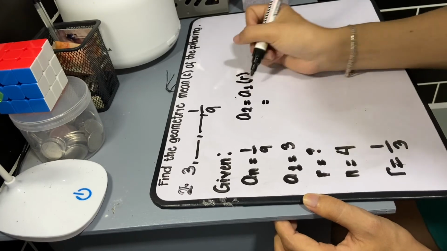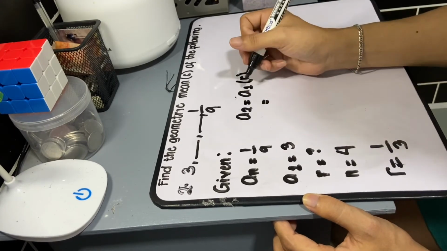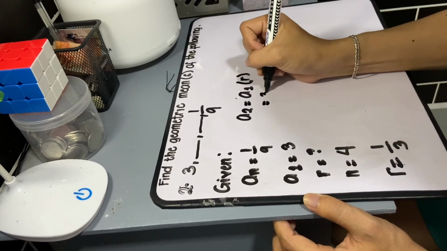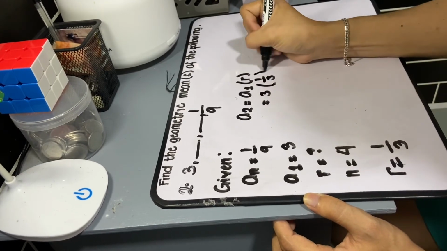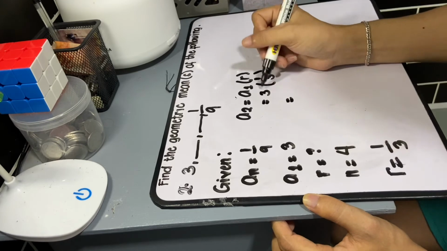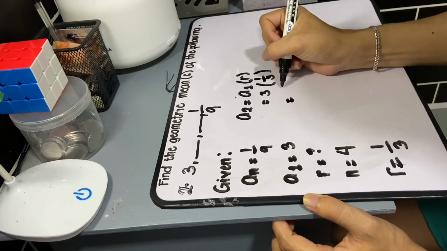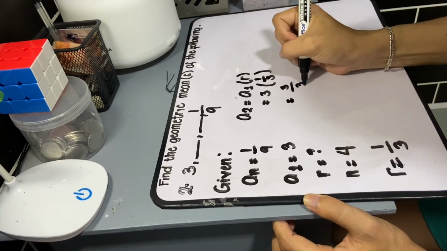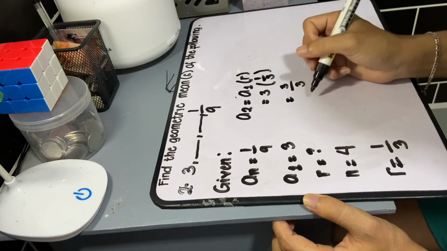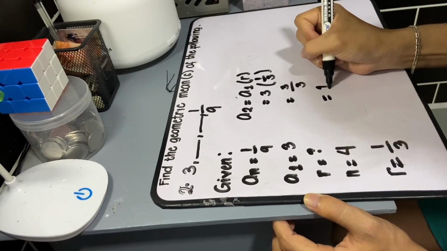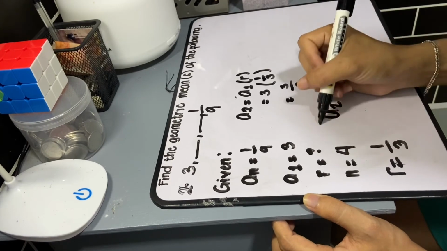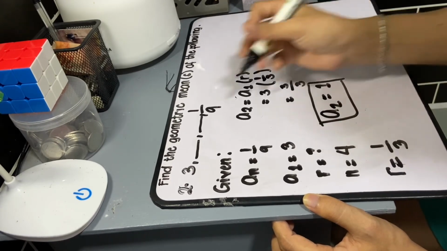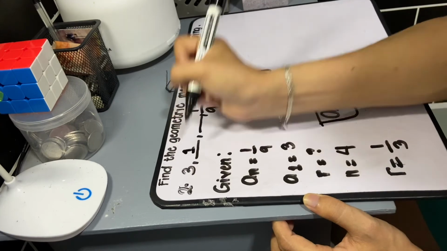Distribute the value of a sub 1, which is 3, times the value of r, which is 1 over 3. Multiply 3 and 1, so 3 times 1 is equal to 3 over 3. So divide it by 3. 3 divided by 3 is equal to 1. So the value for a sub 2 is equal to 1.